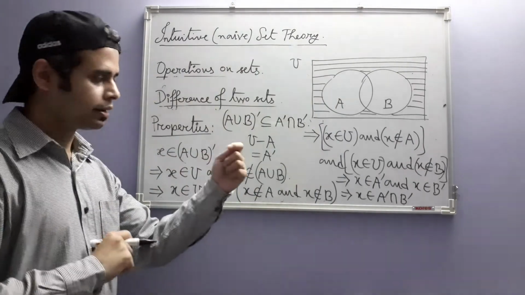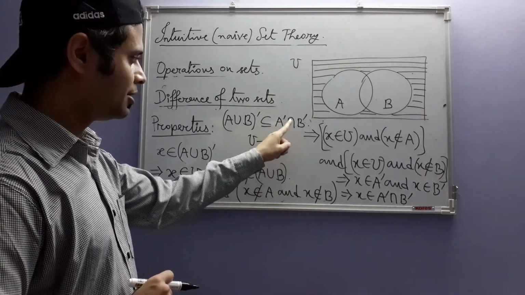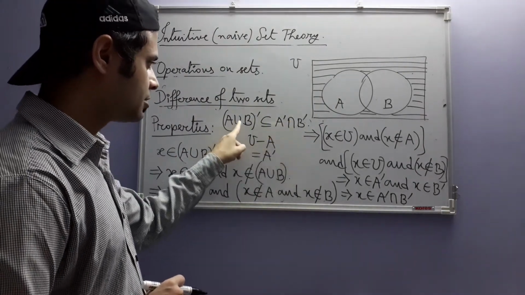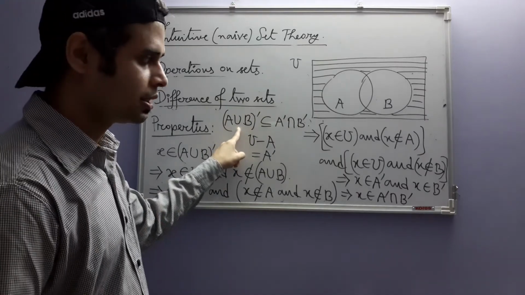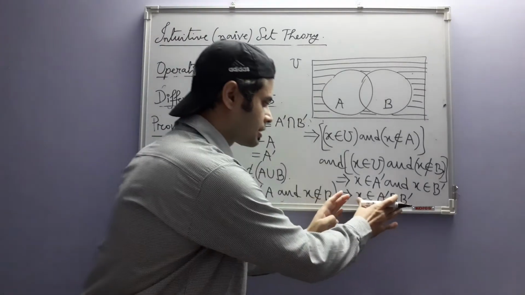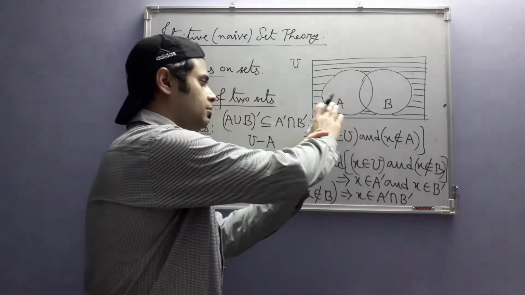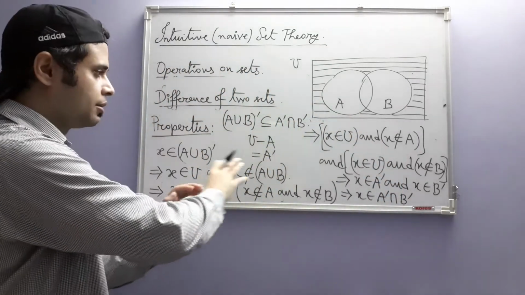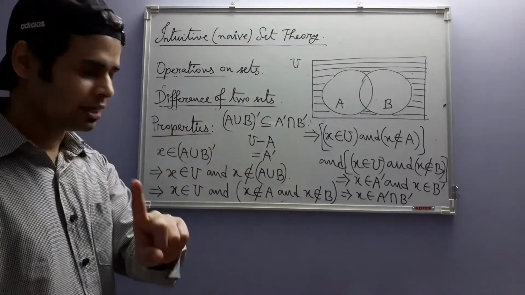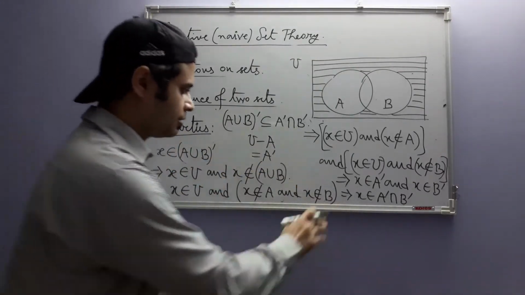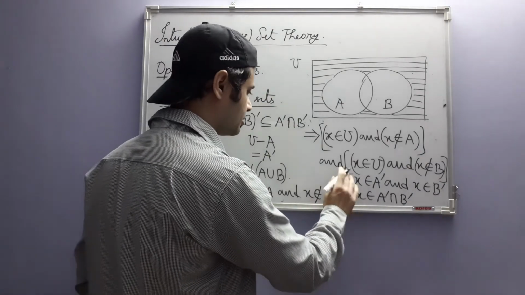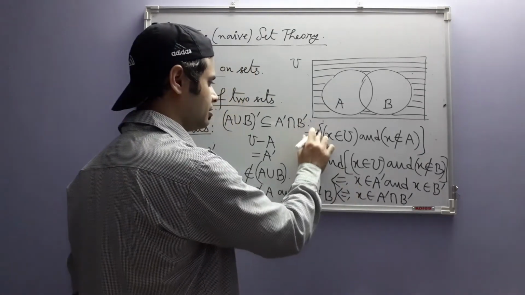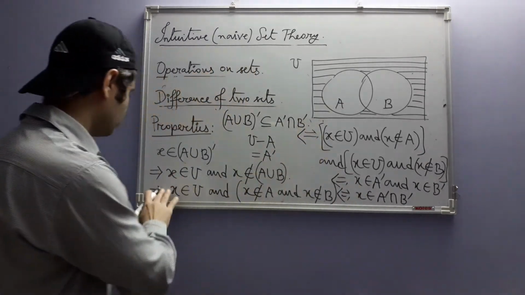The other way around, where you consider an element here and prove that it is here, you try that yourself. It's actually nothing but you start here and trace your steps back. But make sure it's not that you just go on writing like this without understanding anything and the proof is over.